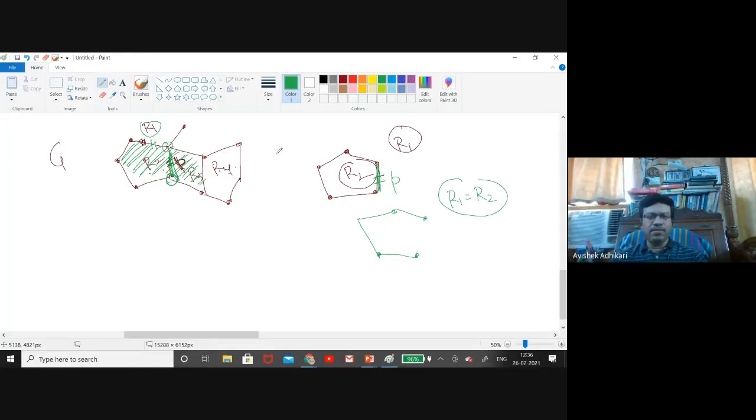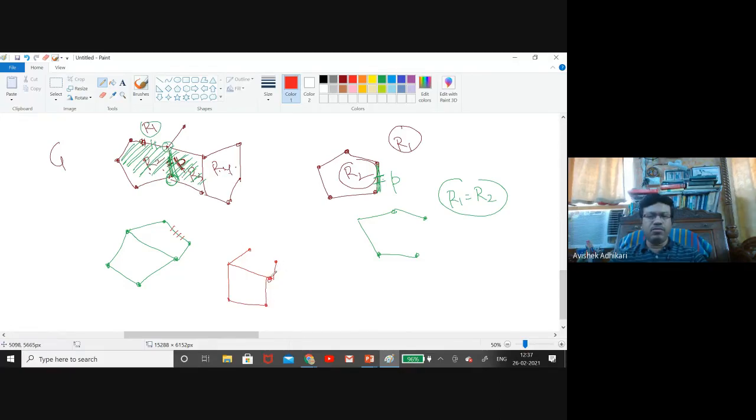Suppose I have this graph. Okay. Now what I'm going to do, I first remove this edge. Okay. So then the graph will look like this. Okay.